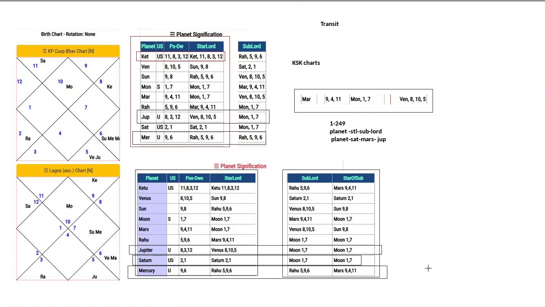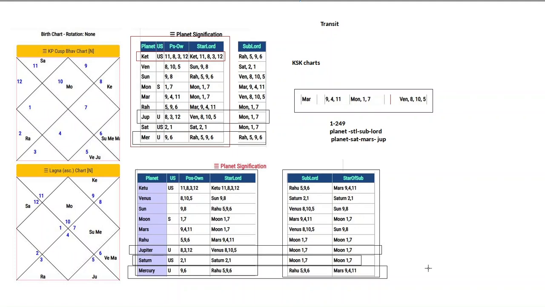The best thing is that I don't want to discourage you based on my own opinion. I would highly urge you that you should definitely look into the sublord as a significator concept in Krishnamurti Paddhati. You should start applying it to your chart or to your family members', friends' and relatives' charts.